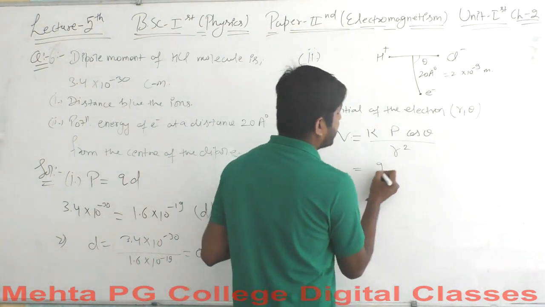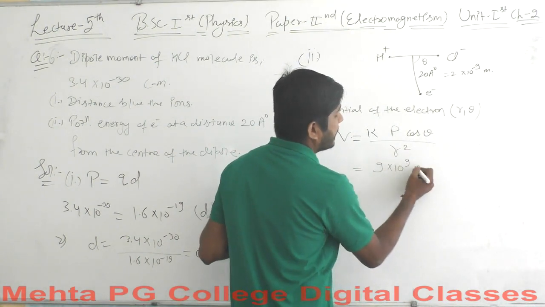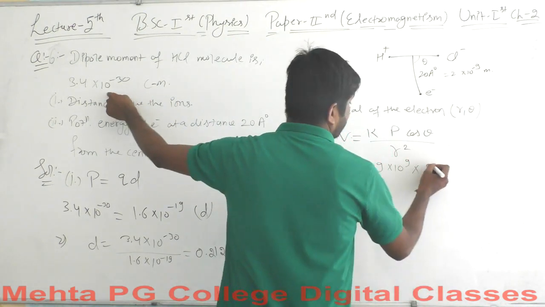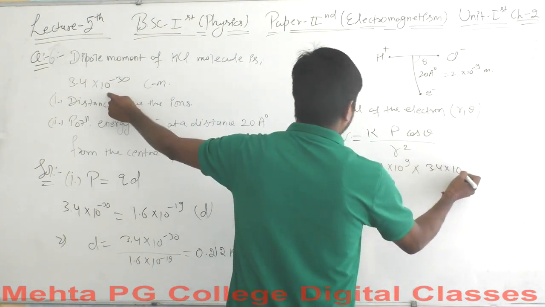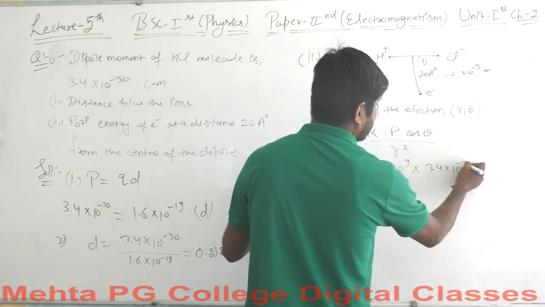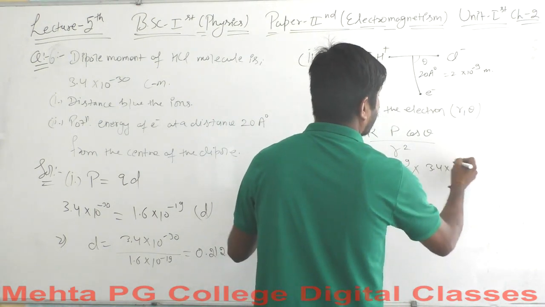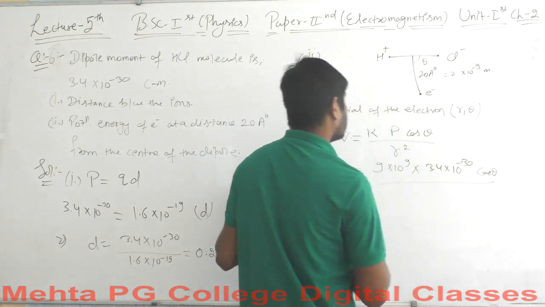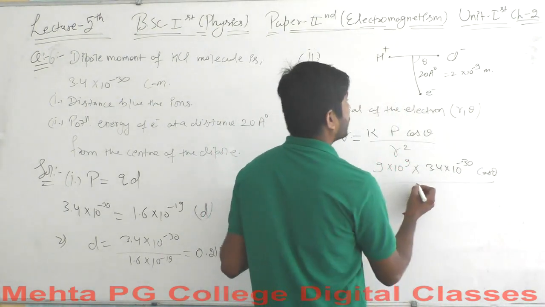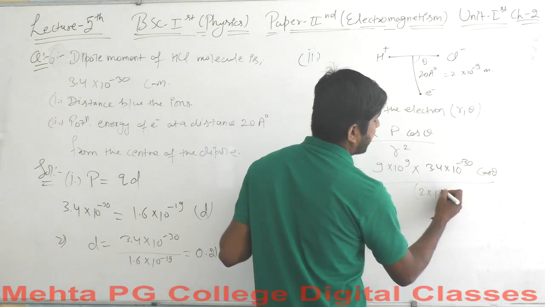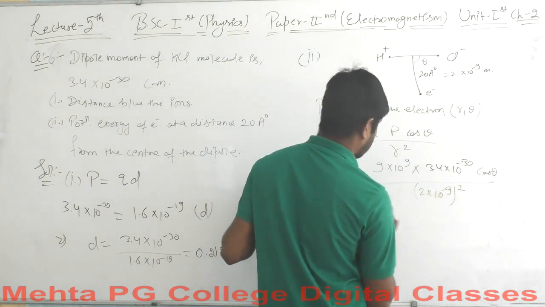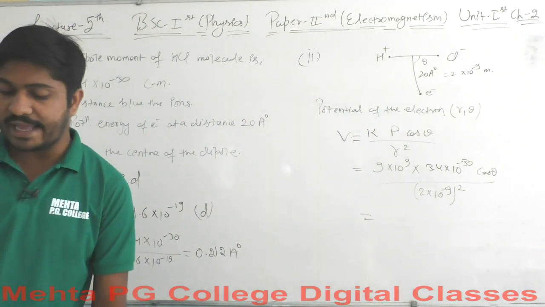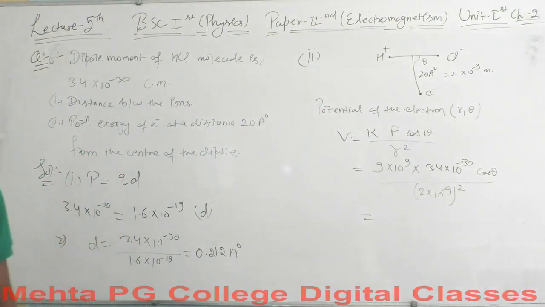The value of K you know is 9 into 10 to the power 9, into the dipole moment, which is 3.4 into 10 to the power minus 30, and cosine of theta, over R square, which is 2 into 10 to the power minus 9 squared. We keep cos of theta because we do not know the exact value of theta.